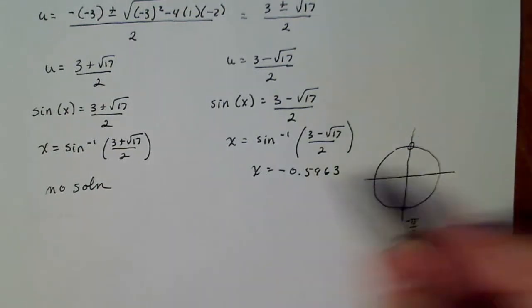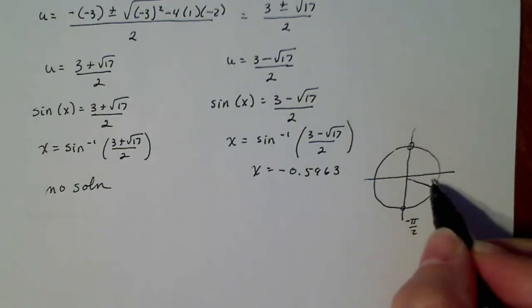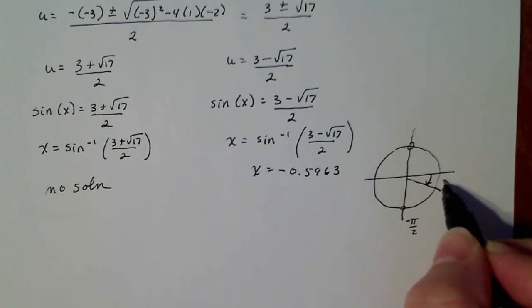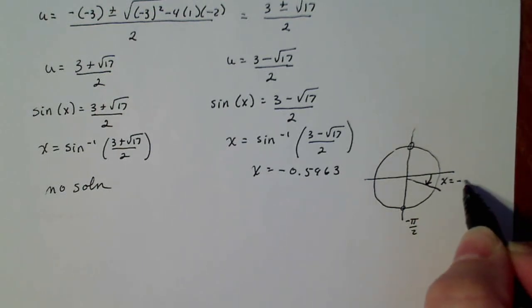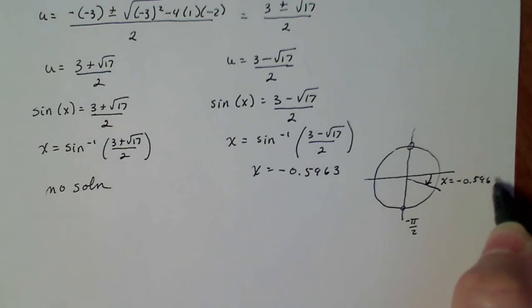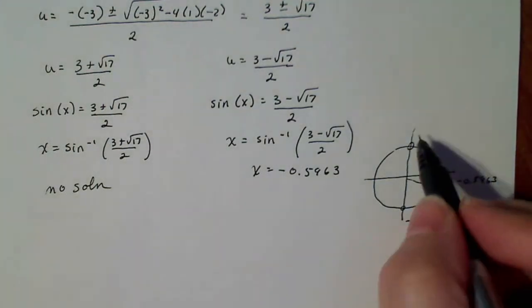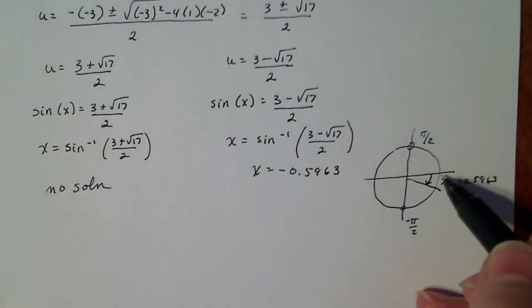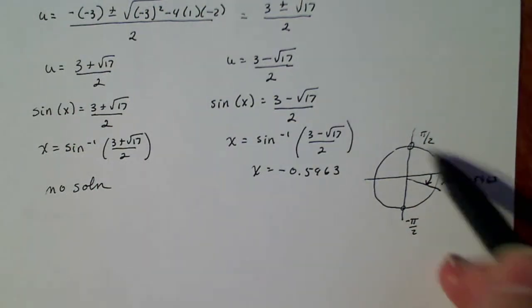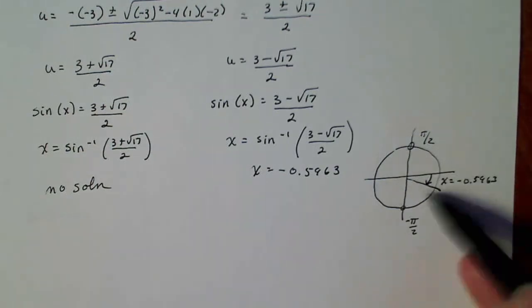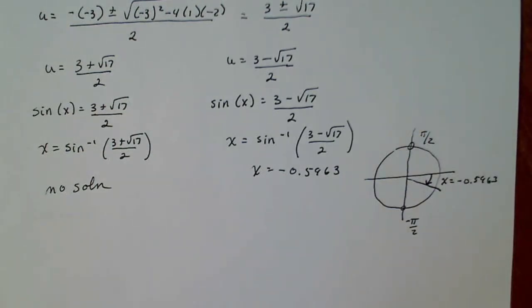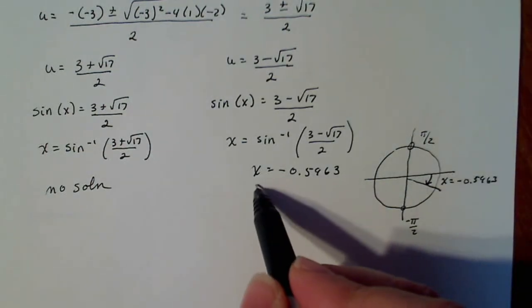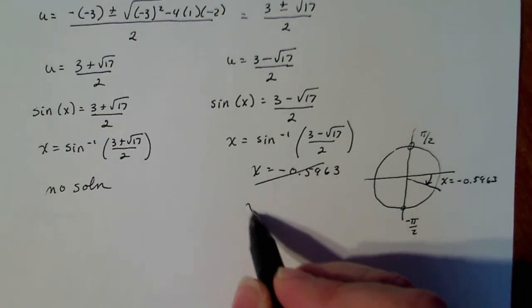So I know that this angle has to be in this quadrant. So I would rotate down this way, and that gives me an angle of minus 0.5963. So if I want the angle that's actually in the interval from 0 to 2 pi, I actually have to just add 2 pi to this guy, and that'll rotate me around into the interval that I want. So technically this isn't one of my answers, but this is.